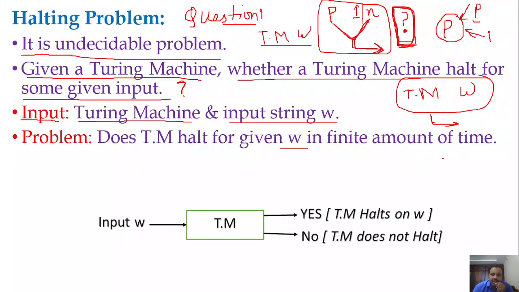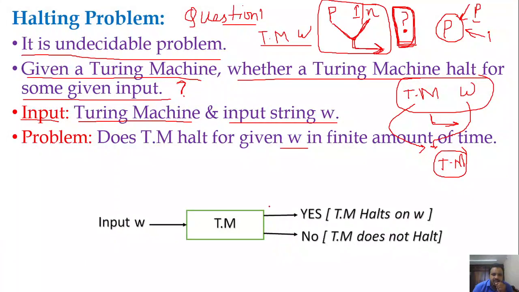We cannot construct a Turing machine that takes a Turing machine and input W, and specifies whether that Turing machine, for the given input W, halts or enters into an infinite loop. That is the thing that we cannot perform with the Turing machine.